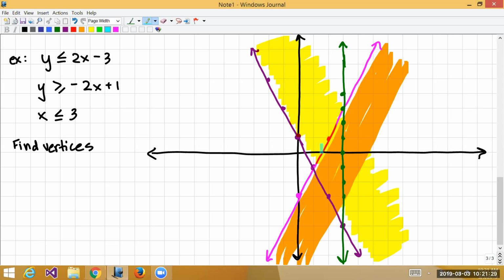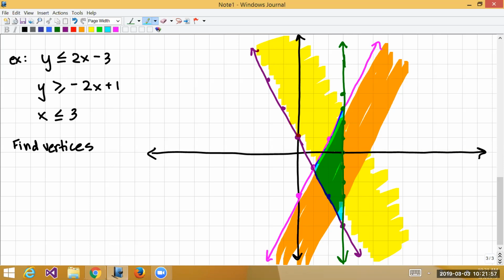So all of this was already shaded, overlapped, and now we want everything to the left. So it's going to be this region right here, this little triangle. You guys see that? Okay, so that shaded region, that triangle, is basically our solution.